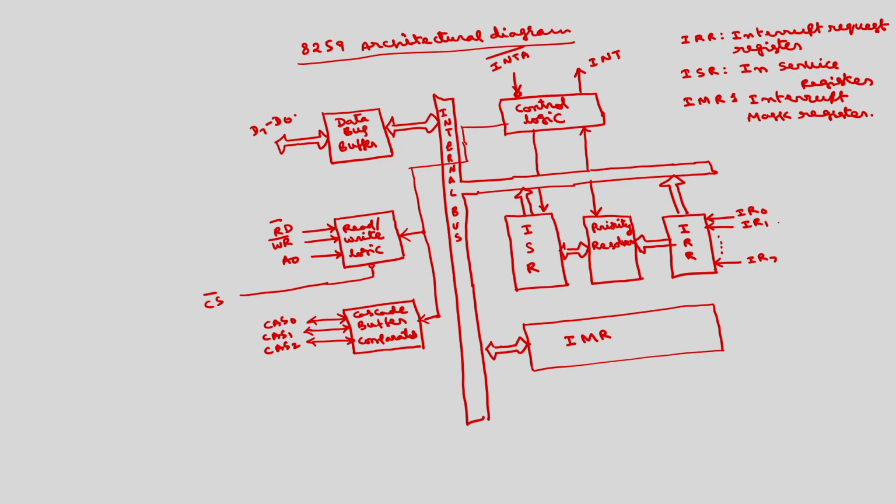Then we have one active low signal which is called SP/enable. These are 2 active low signals. SP stands for slave priority, EN stands for enable buffer.